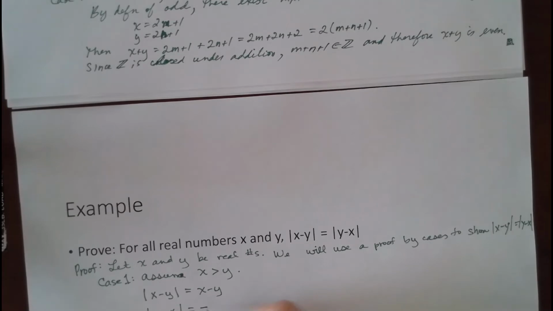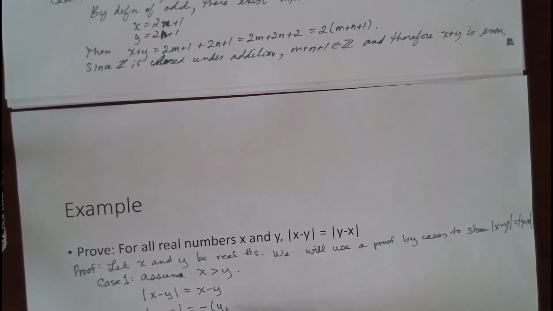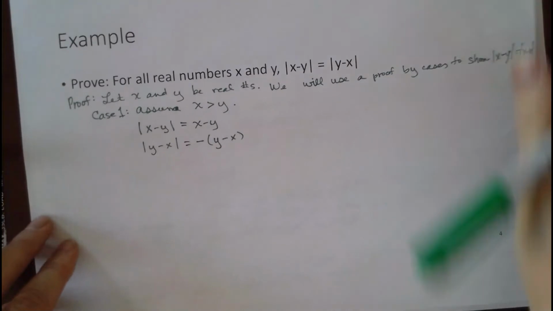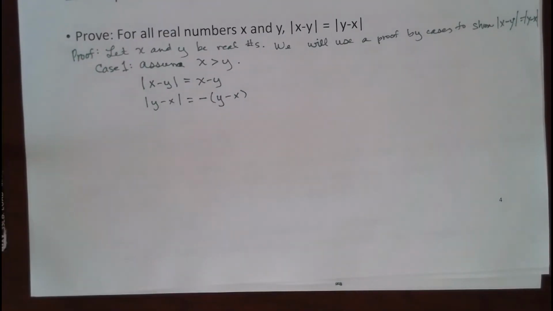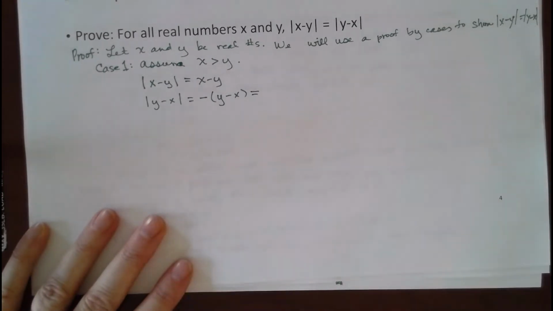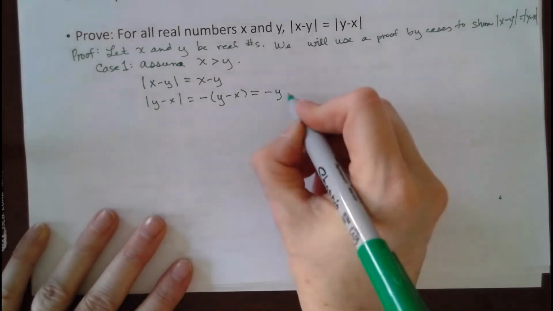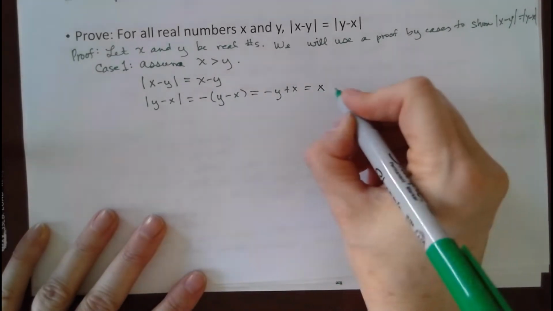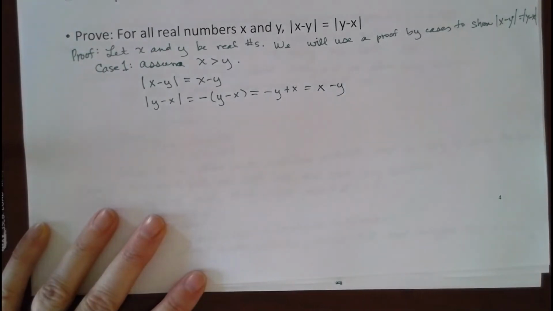So I'm going to have negative whatever my difference was. If I distribute that negative through, I get negative y plus x. And of course, if I use the commutative property of addition, I can rewrite that as x minus y.